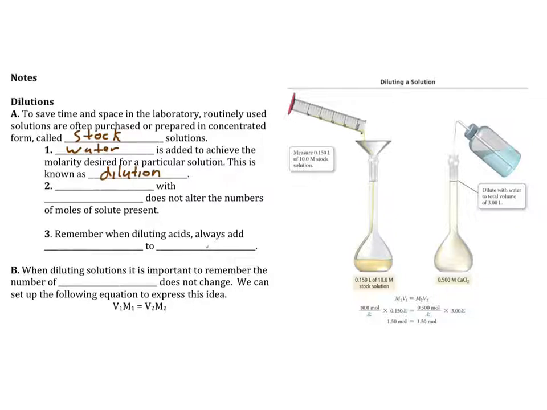Now, diluting with water does not alter the number of moles of solute present. The perfect example that I like to give is my wife. She loves chocolate milk, so we get Nesquik, and she wants me to make her some chocolate milk.